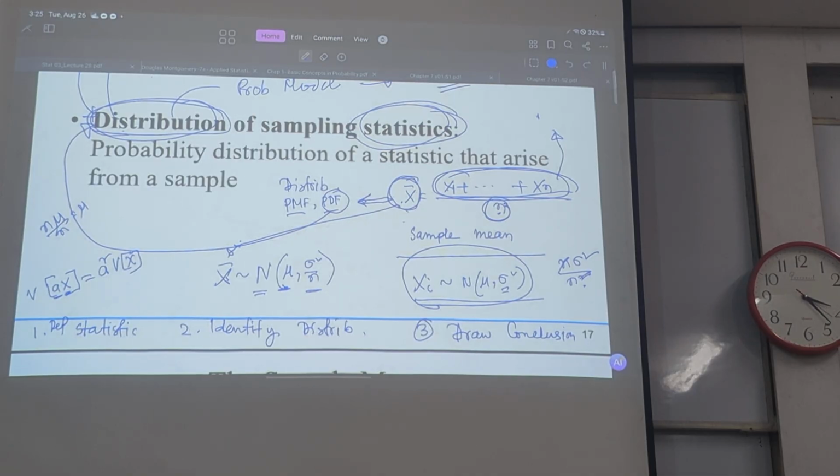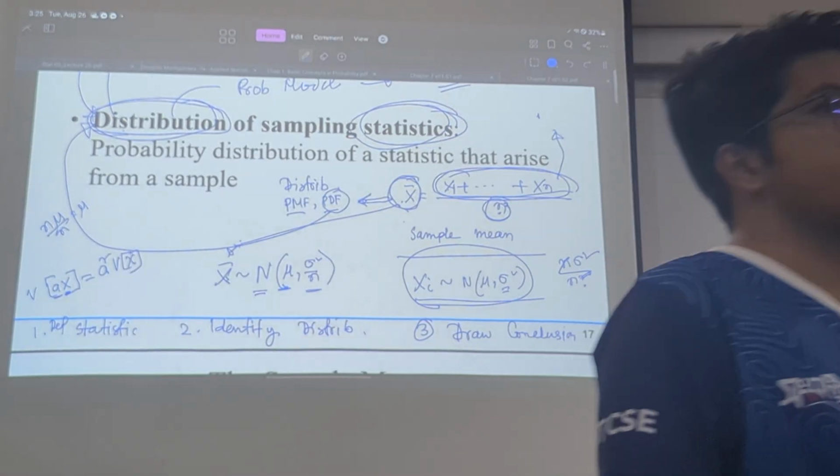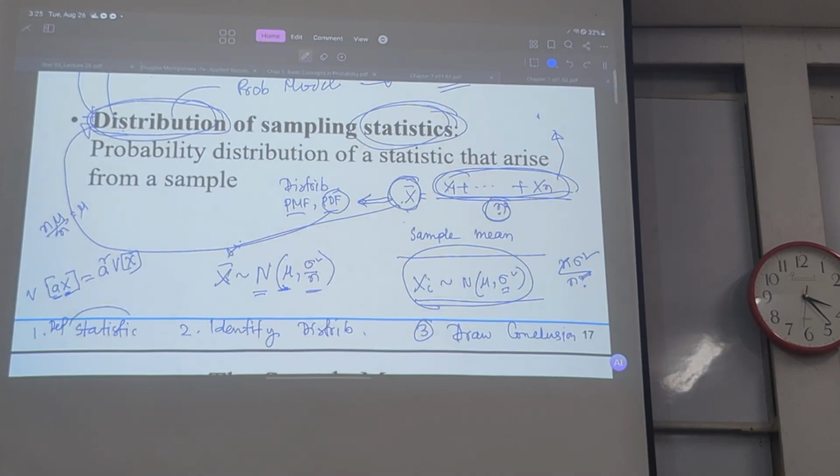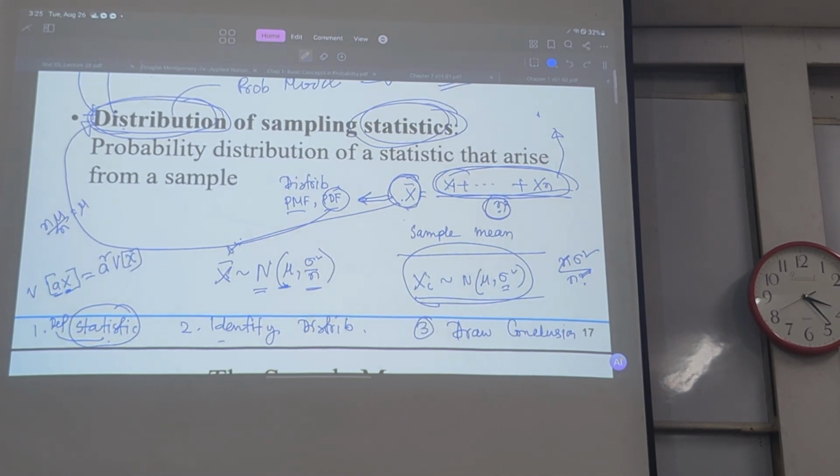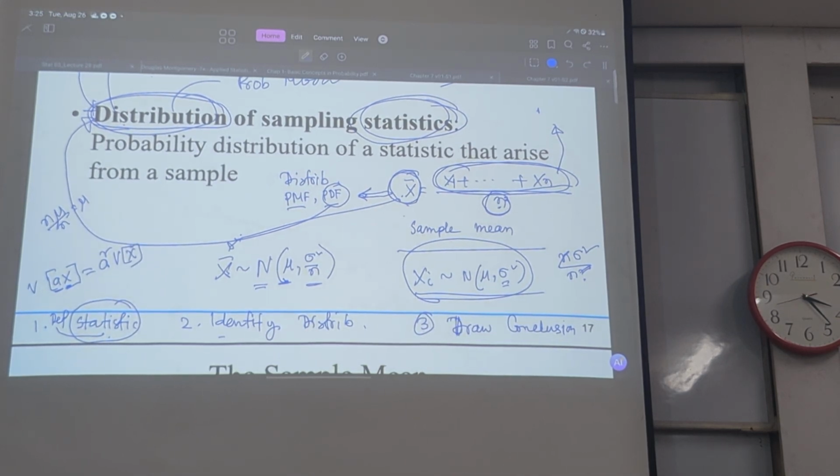From any set of data, when we draw conclusion, we need to define a function that will draw conclusion from the data. We call a function of this sample a statistic. We need to define the statistic, and we need to identify the distribution of this statistic. And once we have the distribution, we will be able to draw conclusion, right?